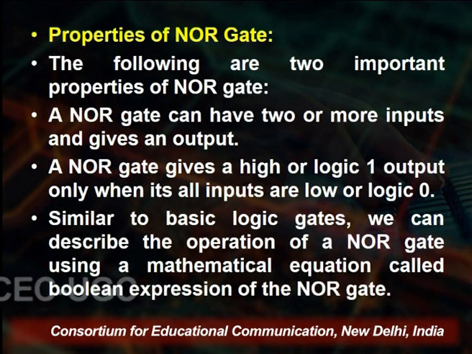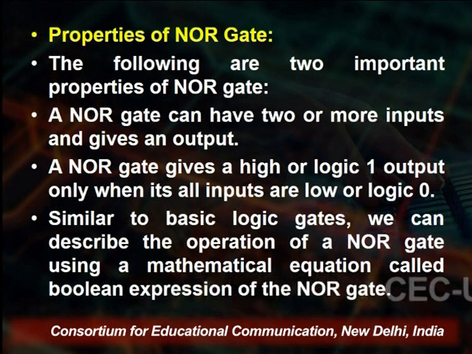It means we get the output 1 only when all the inputs have the value 0. Similarly to the basic logic gates, we can describe the operation of the NOR gate using a mathematical equation called the Boolean expression.